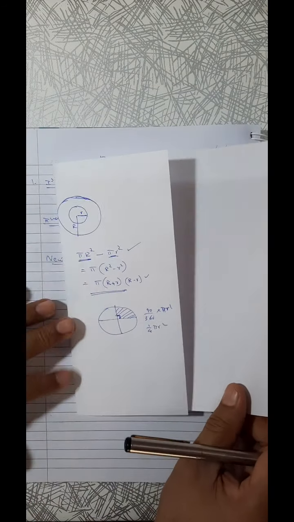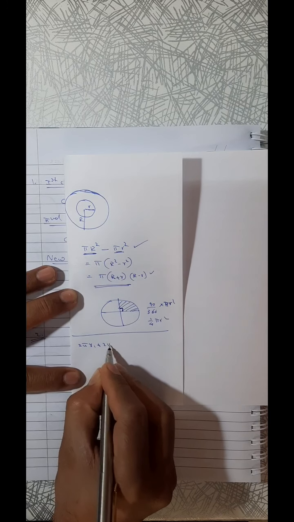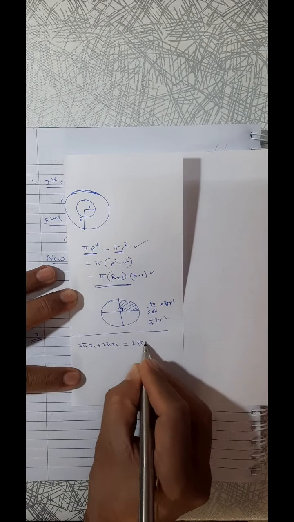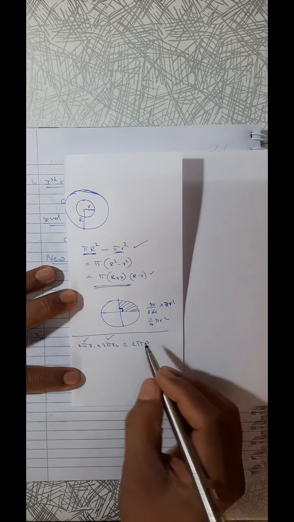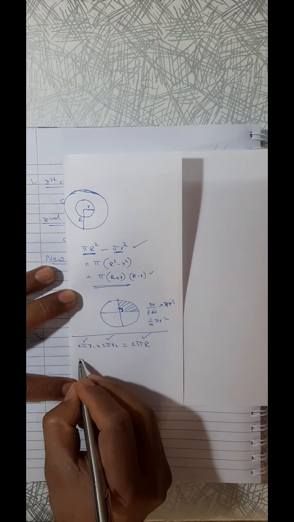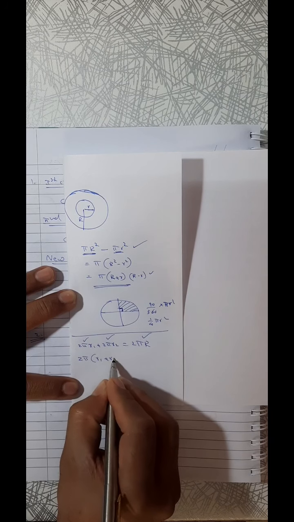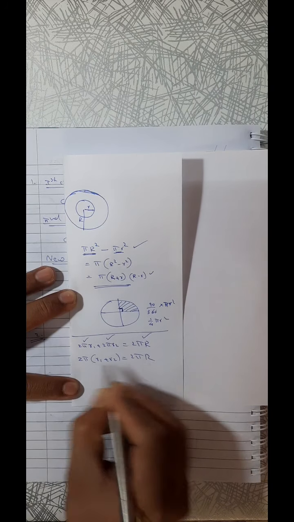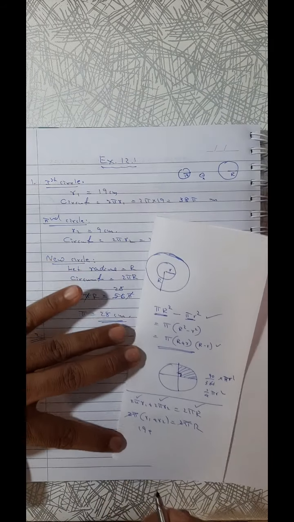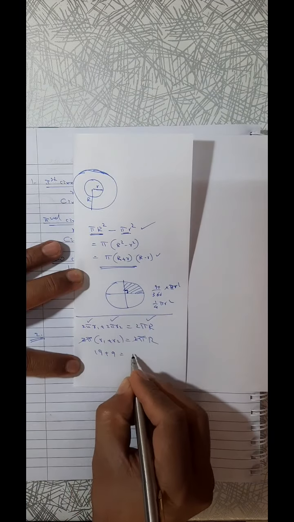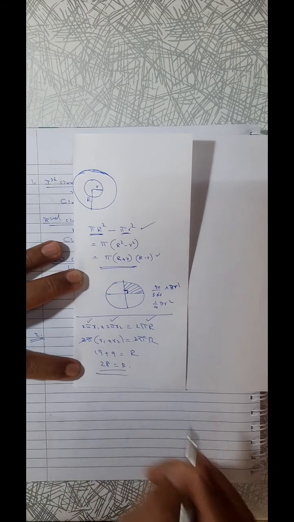This question can be done in another way also, in a shortcut way. 2 pi r1 plus 2 pi r2 equal to 2 pi R. Circumference of the first plus circumference of the second equal to circumference of the new one. That means 2 pi into 19, here 2 pi common, (r1 plus r2) equal to 2 pi capital R. 2 pi cancelled. r1 plus r2, 19 plus 9 equal to capital R. 28 equal to R. Okay, both are same.